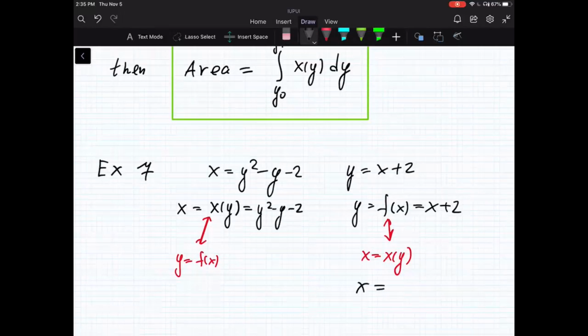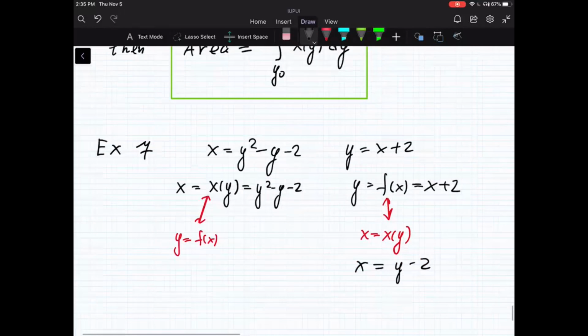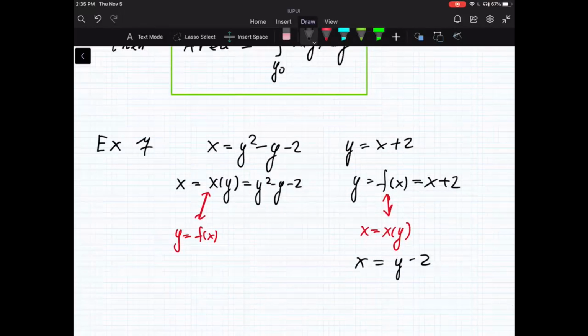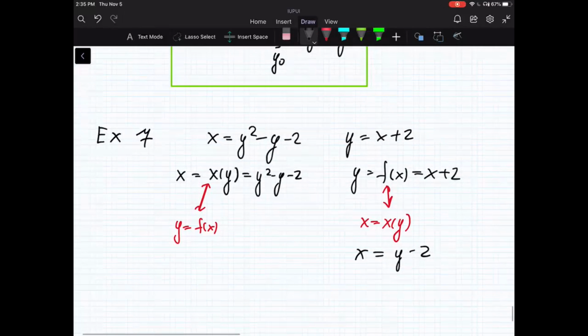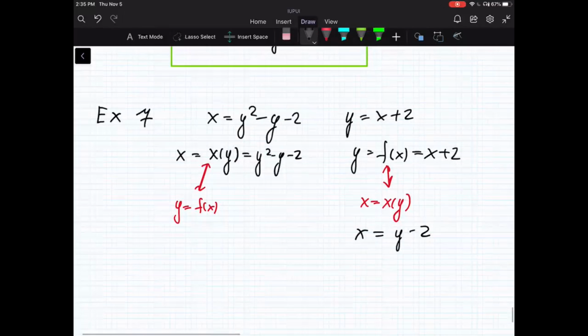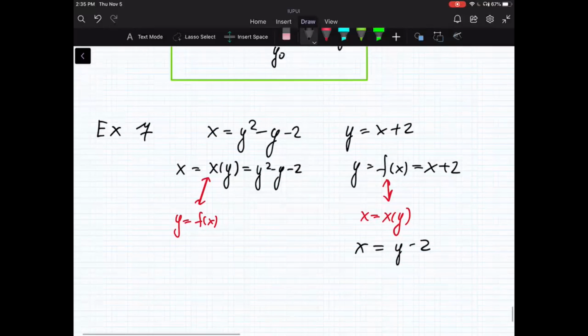So my x from this equation will be y minus 2. And so again, I obtain the form x as a function of y. So in this case, it's easier, and we see that we should use the form x as a function of y.